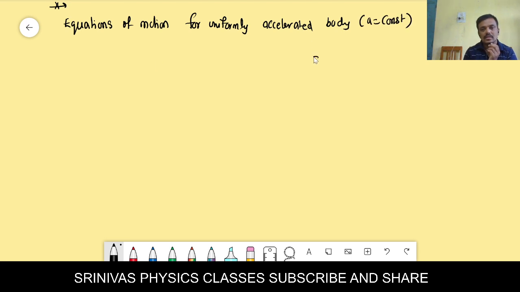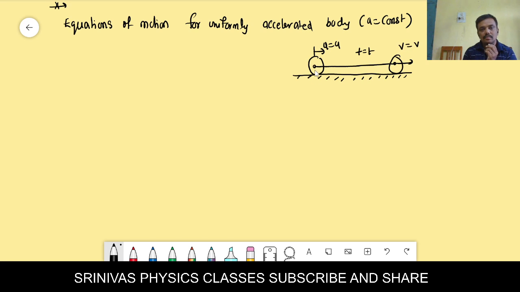Let us see, this is a body or any object. We can take it as a ball. The ball initially starts with velocity u. After time t, its velocity becomes v.